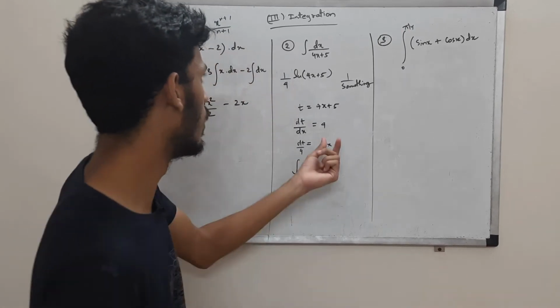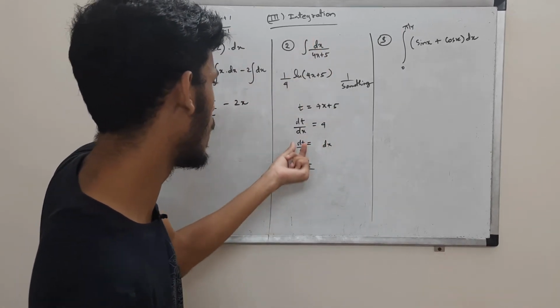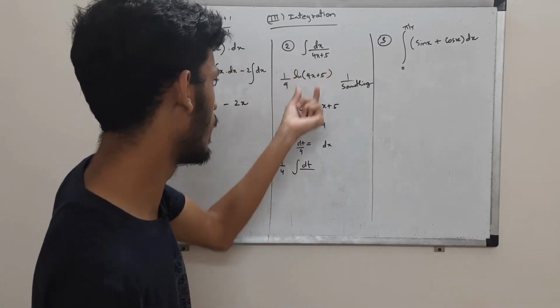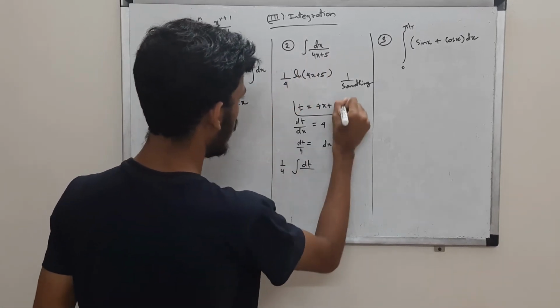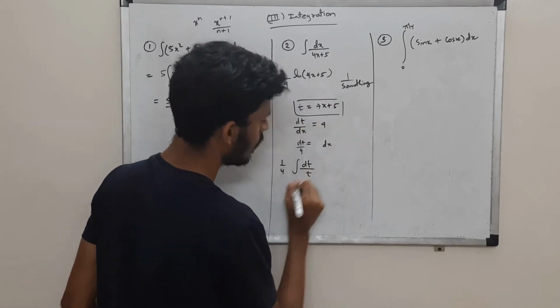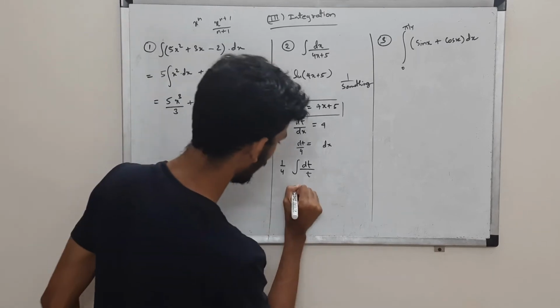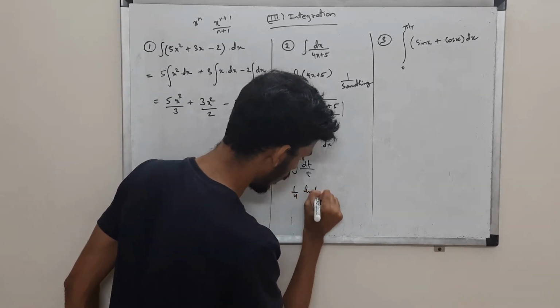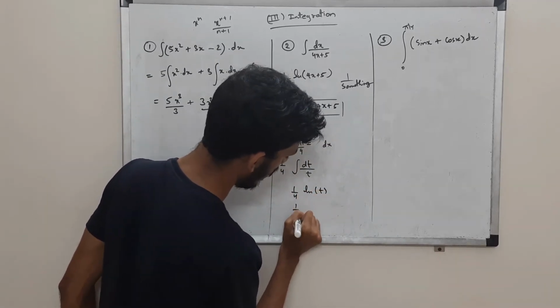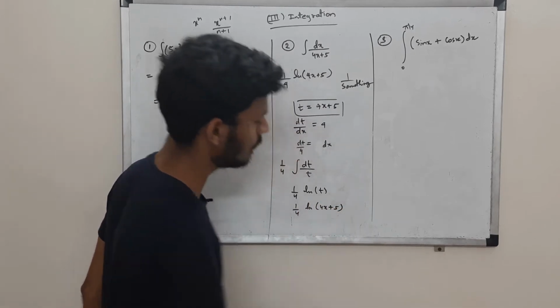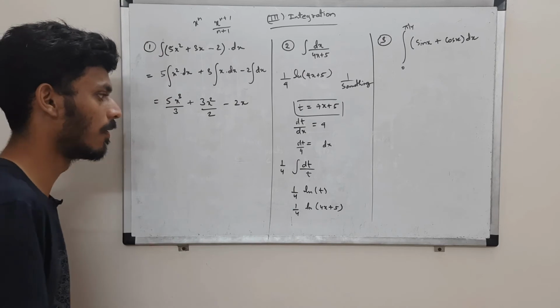In place of dx we can put dt by 4. That 4 we can take out, and in place of the denominator we have t. So what is the integration of dt by t? ln of t, and t is nothing but 4x plus 5. So this is one more way of doing it.